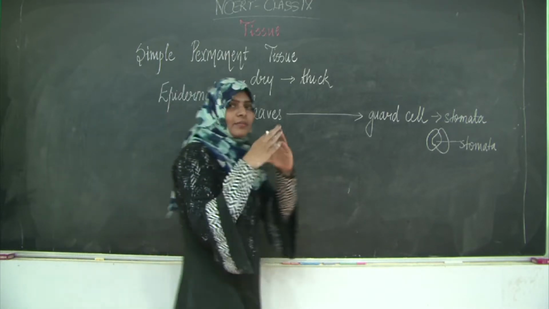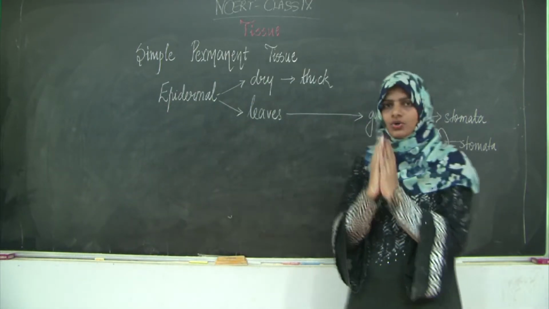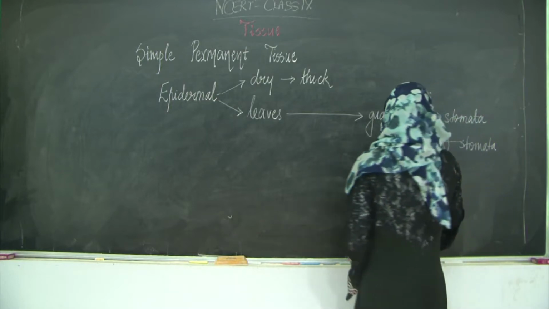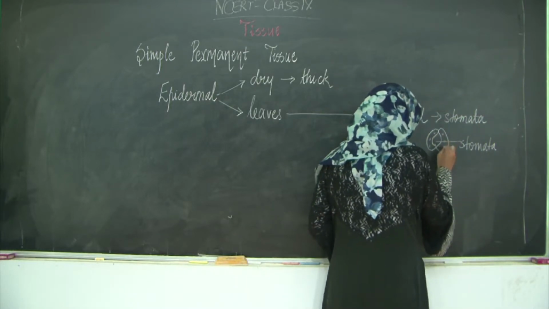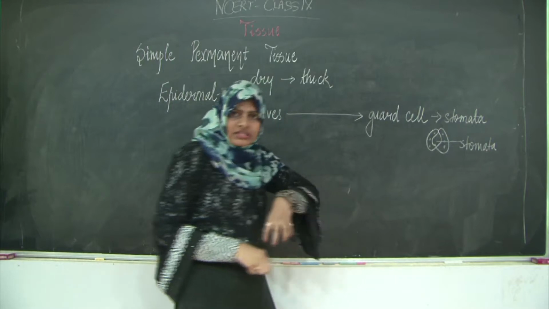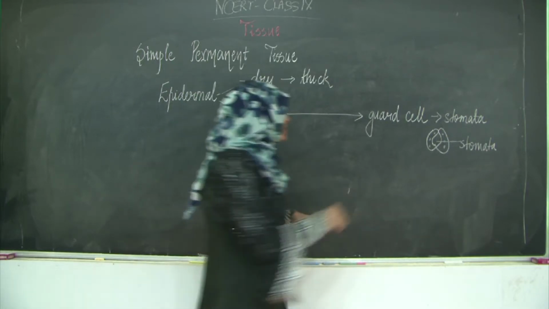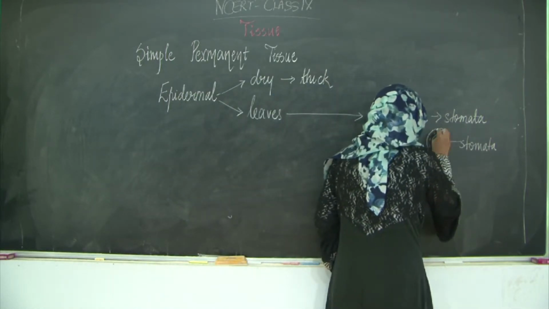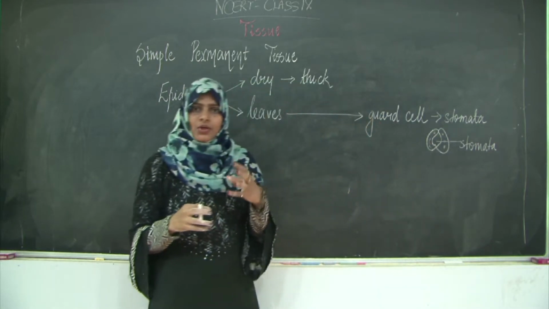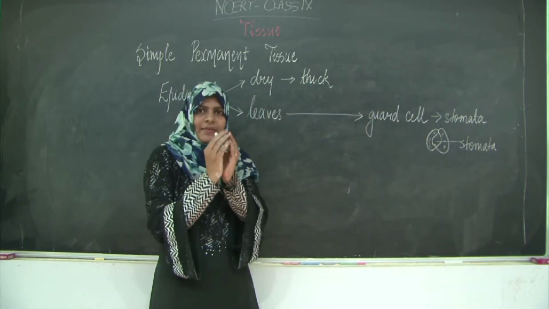So, stomata is not a cell, but a hole which is created when these two kidney-shaped guard cells come close to each other. The stomata can be either open or closed. How does it work? When the water is taken in the plant, the guard cells get filled with water, and guard cells are like balloons. They will swell up.